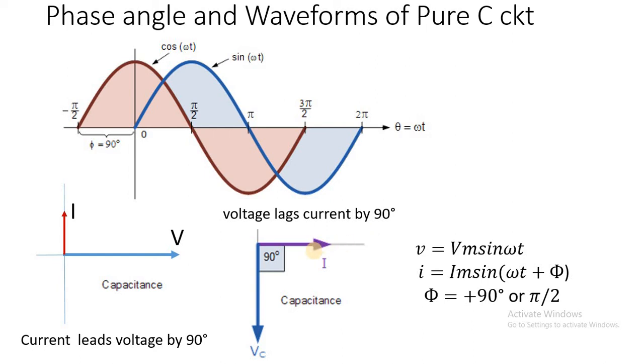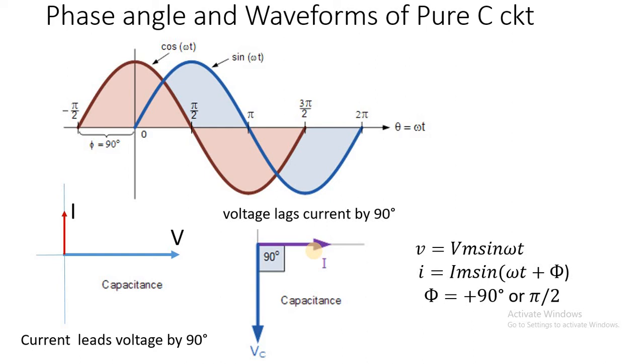So whenever we are taking voltage as a reference, we are going to write the equation of voltage V equal to Vm sin omega t, and with respect to that voltage equation, we are going to write the equation of current. So in a pure resistive circuit, as current was in phase with voltage, we have written the equation of current I equal to Im sin omega t.